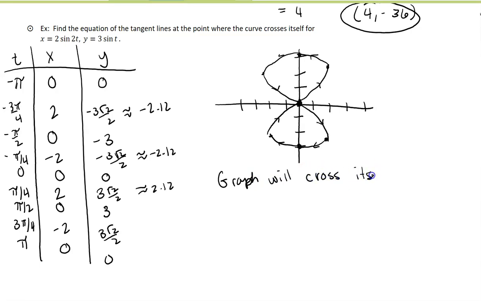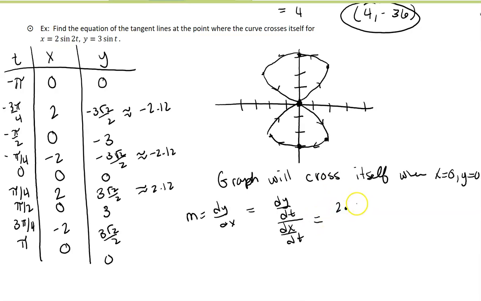But we're looking for the equation of the tangent line at that point. So I'm going to find the slope. I'm going to find the derivative, which is dy over dx. And that's going to be dy over dt divided by dx over dt. And of course, dy over dt in this case is going to be 2 times the derivative of the inside times the derivative of the outside.